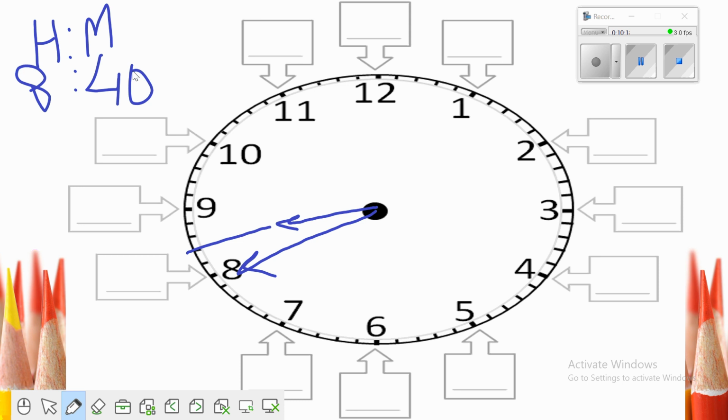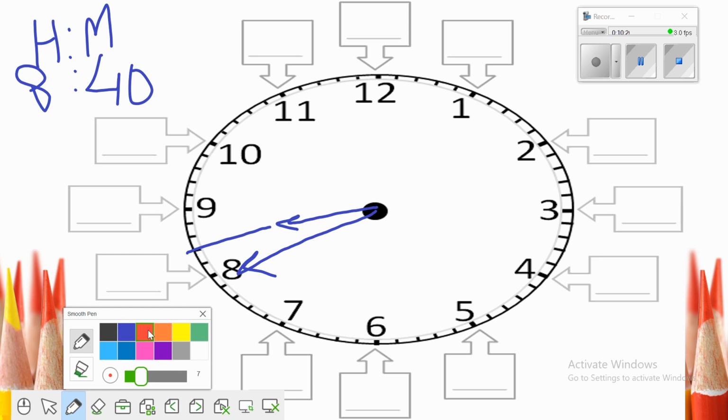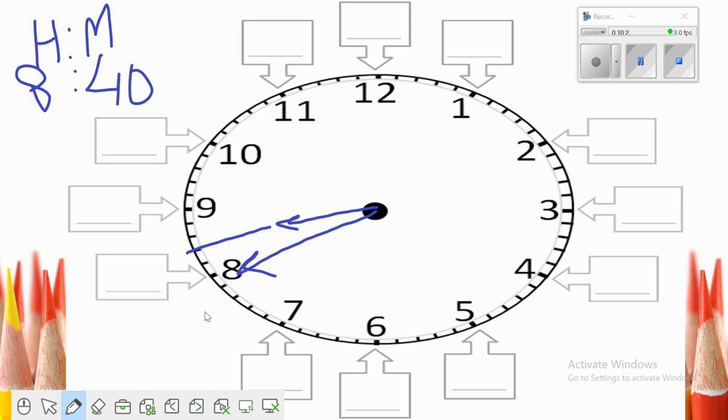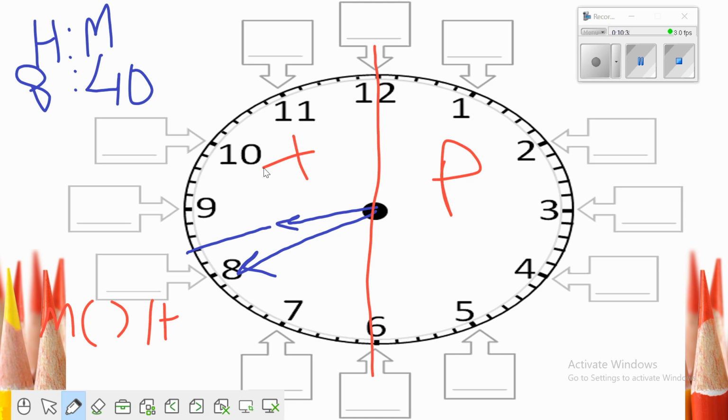What about the other way with analog form? It's minutes, space, and hour. So when I have a space, that means I have to choose past or to, or after or before, or after or till. Okay? All of them have the same meaning. So how many minutes here? Sure, this is so important.